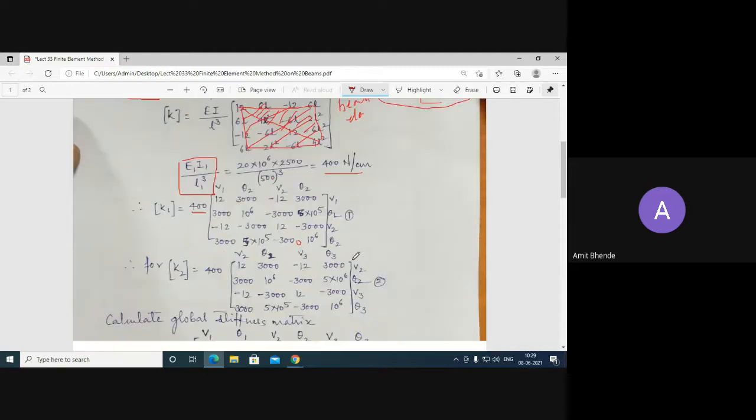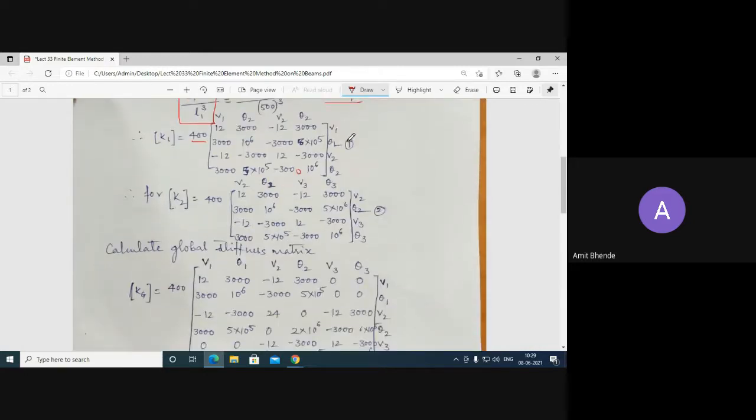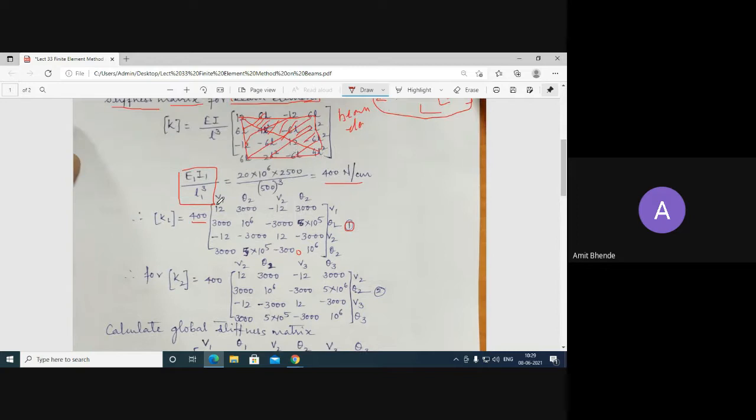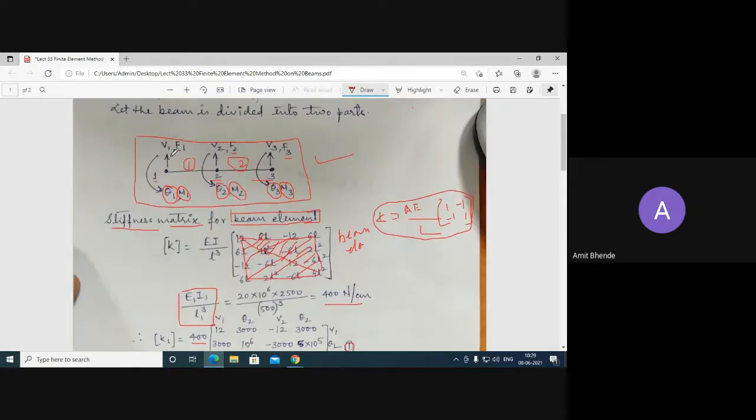So this is our equation number 1, the element stiffness matrix of first member. Now you can give the row number and column number here. For the first node, which displacements are acting? V1, that is linear displacement V1, and angular displacement θ1.